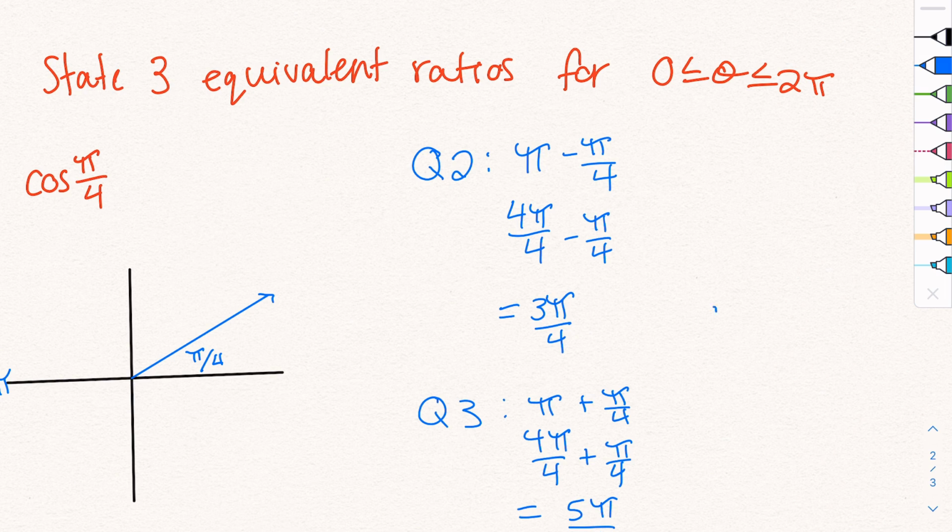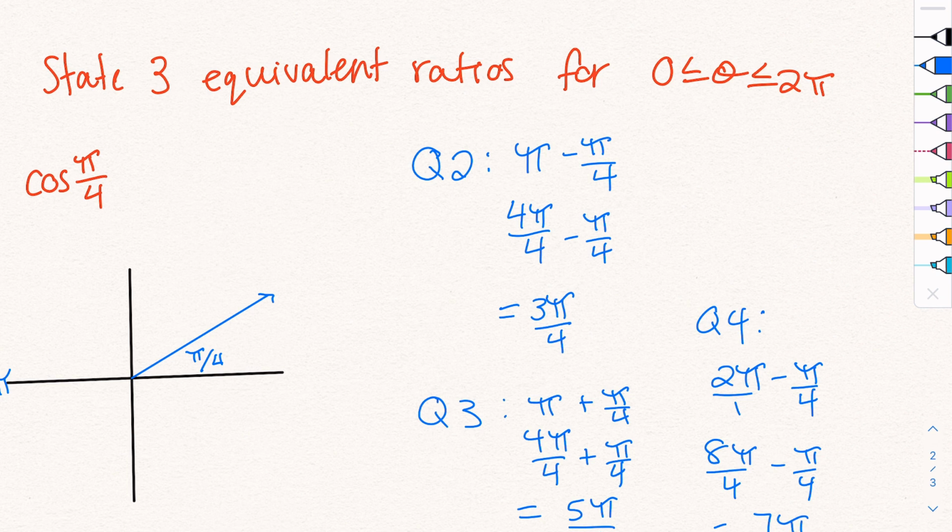And then finally in quadrant 4, we would have 2 pi minus pi over 4. So that is going to give us 8 pi over 4 minus pi over 4, which is 7 pi over 4.